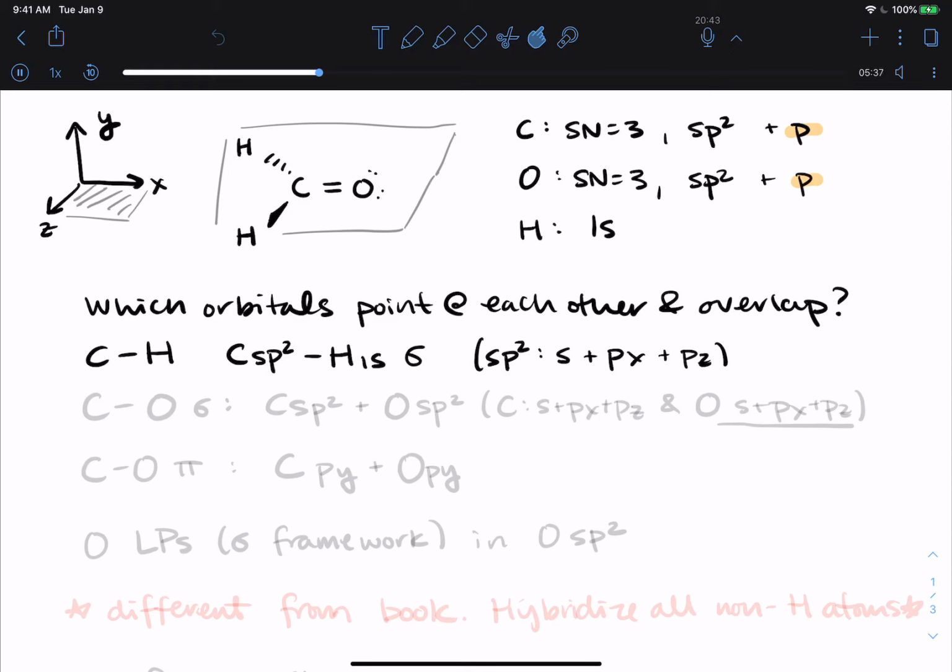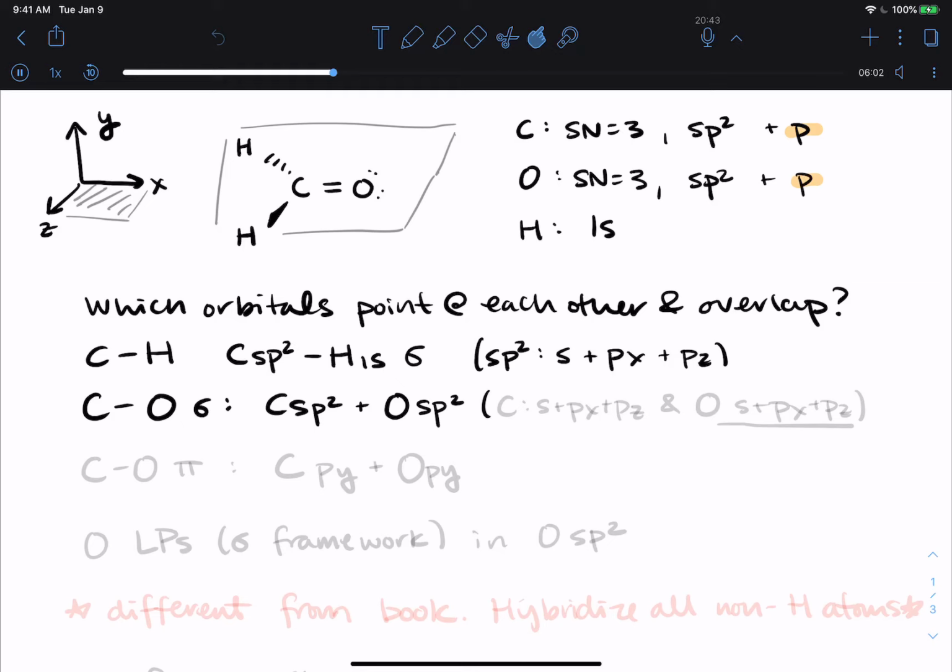Now my carbon-oxygen sigma is going to be a carbon sp2 and an oxygen sp2. All right.